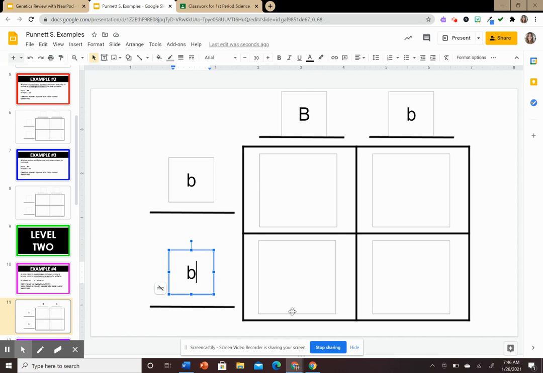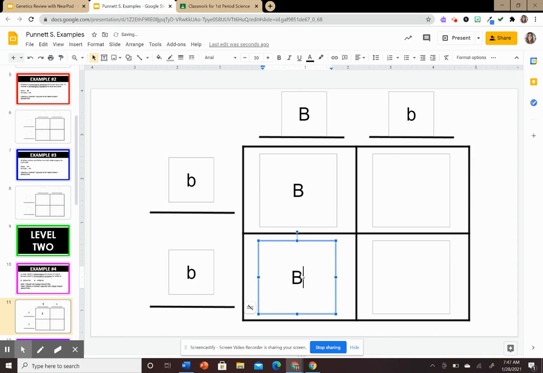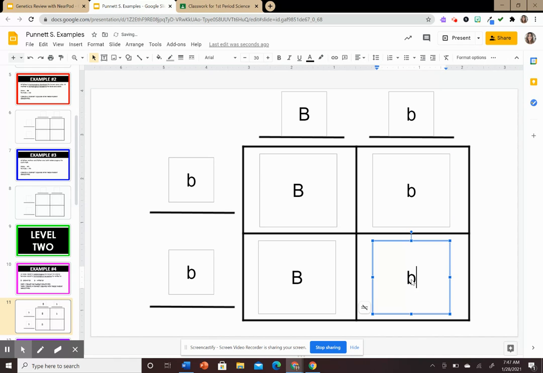Now all we're going to do is drag these down, and then we're going to drag them across. So let's start with the big B. We put big B right here, and we keep dragging it down, big B right there. And then we'll come over here and we'll put the little b right here, dragging it down, and then we're going to drag it down one more time, little b.